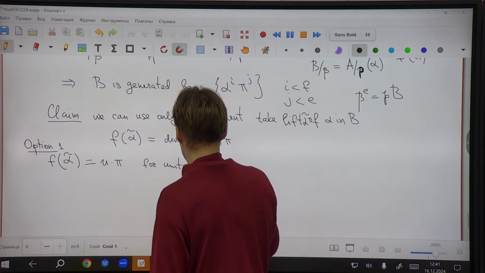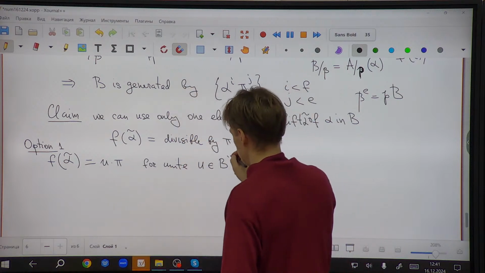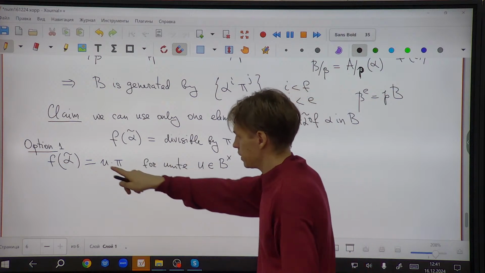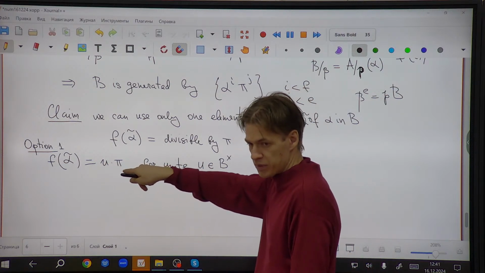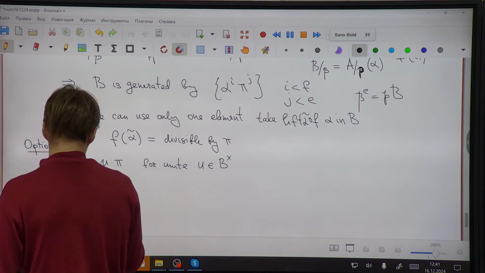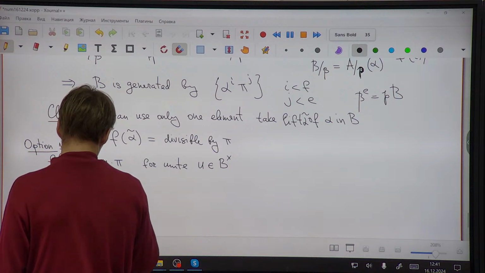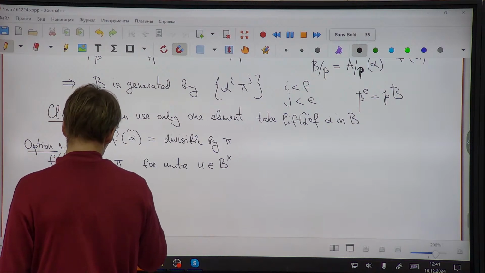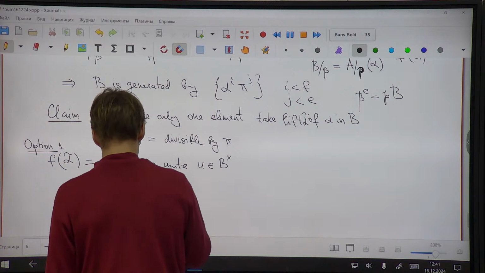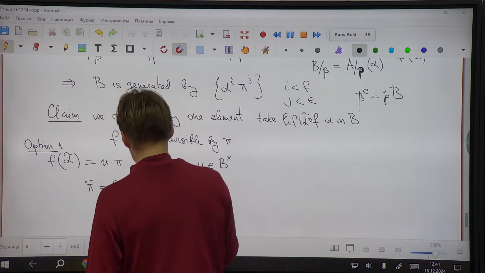Option 1 is that it is just strictly divisible by p, and this means that p is equal to f of alpha tilde, and so p tilde is a different uniformizer.